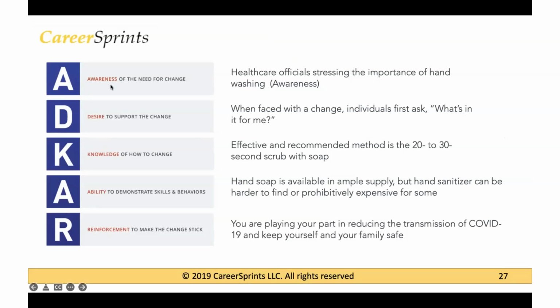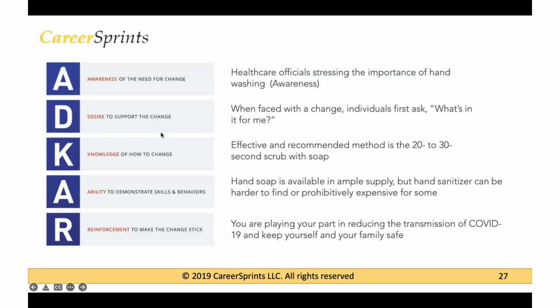So let's look at the ADKAR model. So the ADKAR model basically stands for awareness, desire, knowledge, ability, and reinforcement. So whenever a change is happening, whenever you're trying to change something in your organization, whenever you're trying to do a project which is trying to introduce a change, stakeholders are going to get impacted by it. So in that sense, you need to have a model to manage that change.